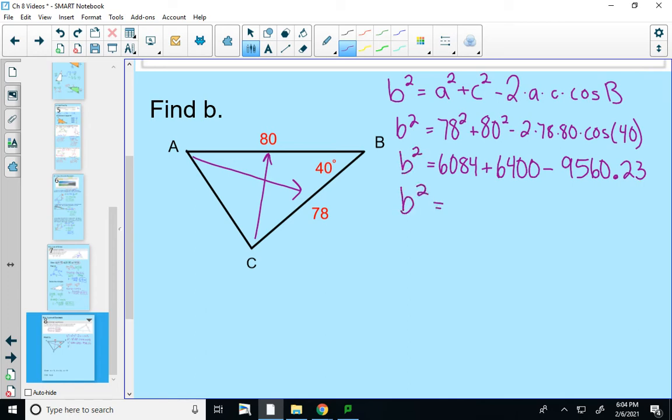Let's combine some things over on the right. And then to get b by itself, I'll take the square root of each side.